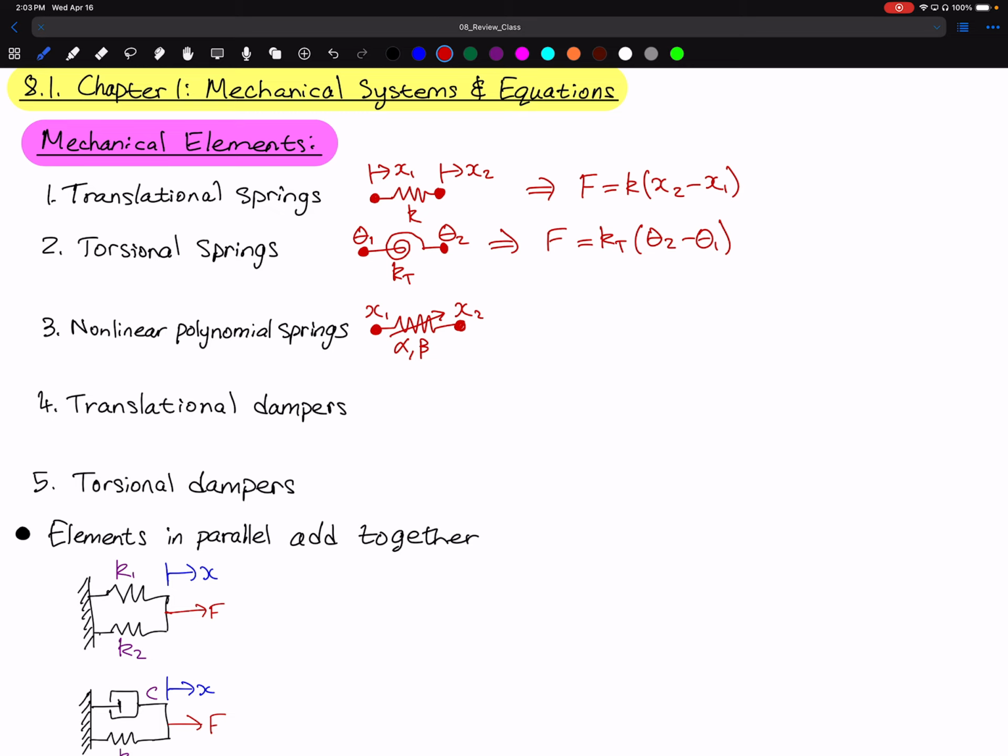Beta will be the exponent, which we'll see in a moment. So here the force is going to be equal to that stiffness alpha times x raised to the beta. And here we're going to say that beta is some positive integer specifically. There is a way to extend this definition for beta to be any number, but we're not going to address that here.